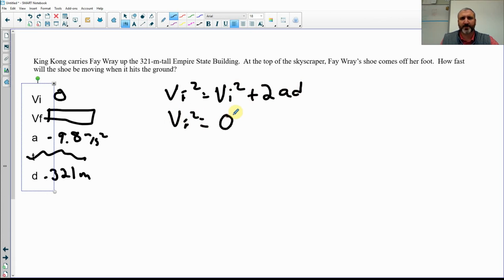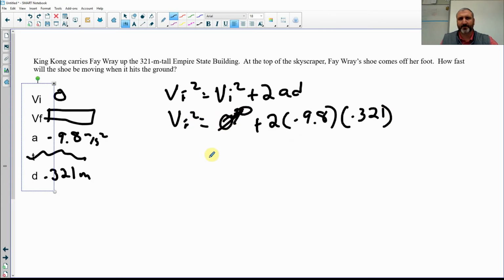We know VI squared is 0 squared plus 2 times negative 9.8 times negative 321. So this is going to go away. So VF squared equals 2 times negative 9.8 times negative 321. It's a big number.